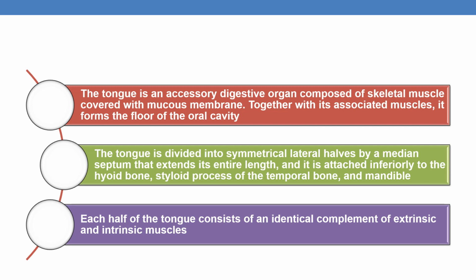It is attached inferiorly to hyoid bone, styloid process of temporal bone and mandible. And each half of the tongue consists of an identical complement of extrinsic and intrinsic muscles. Let us discuss briefly about what are extrinsic and intrinsic muscles of tongue.